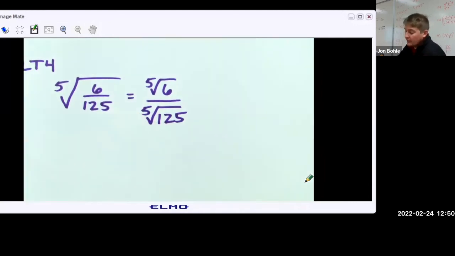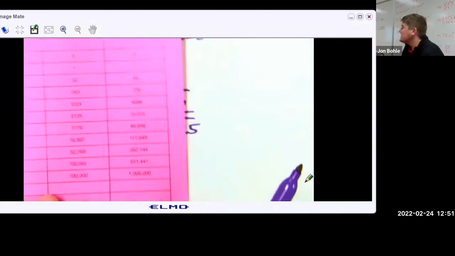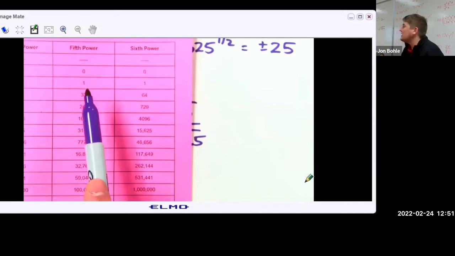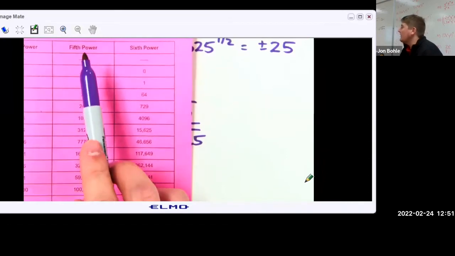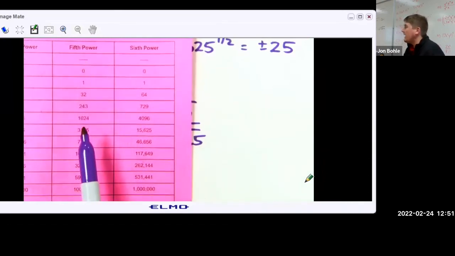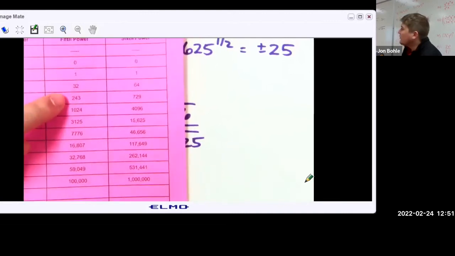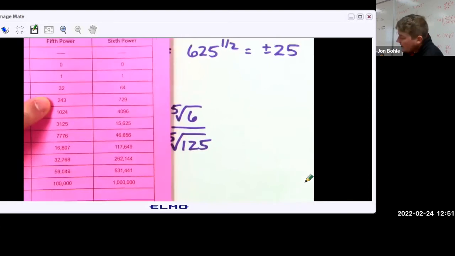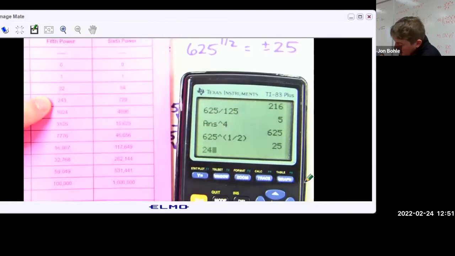So I'm going to look at my perfect 5th powers, and I'm going to say, is 125 one of them? No. So I need to try to multiply 125 up to one of these perfect 5th powers. I'm going to look at the first perfect 5th power bigger than 125, which is 243. So I'm going to take 243, divide it by 125 and realize that's a decimal.